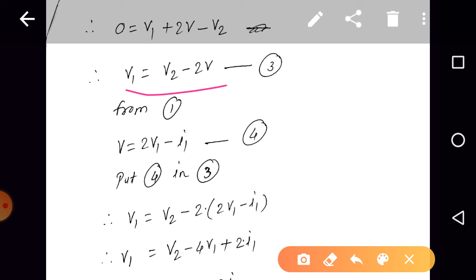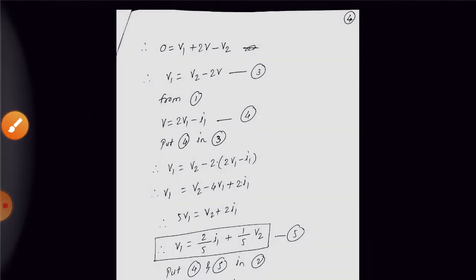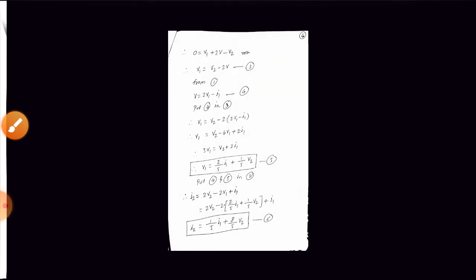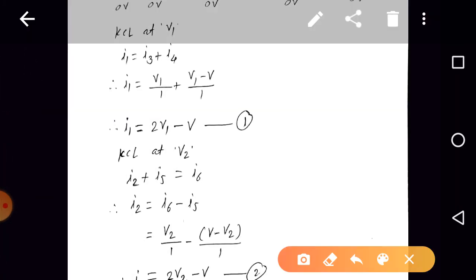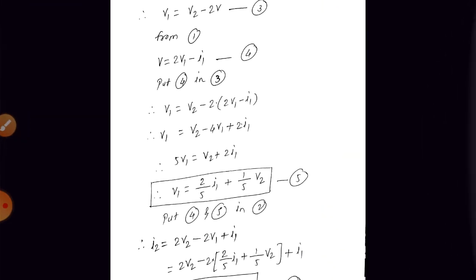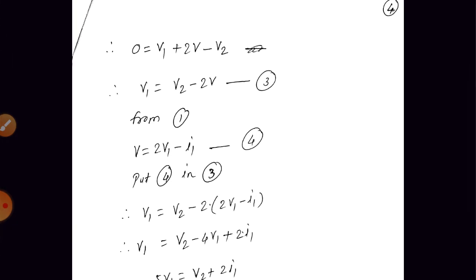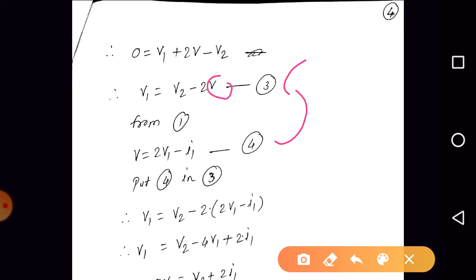From equation 1 we can write V is equal to 2V1 minus I1, and we are going to put this in equation 3. If we replace V, we will get the expression for V1 in terms of I1 and V2.